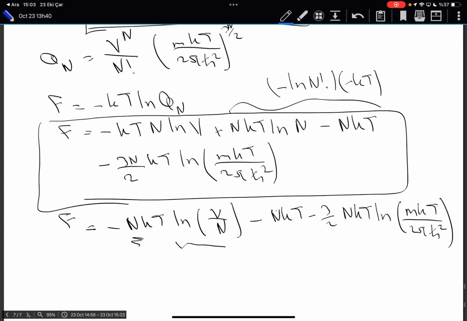So the first term is an extensive function. All the other terms are extensive. N is doubled, T doesn't change if you double your system. So this is an extensive function. This is an extensive function thanks to this factor over here, dividing the V. That factor is this term. Thanks to that term over here, F is an extensive function. But that term comes from dividing by n factorial.